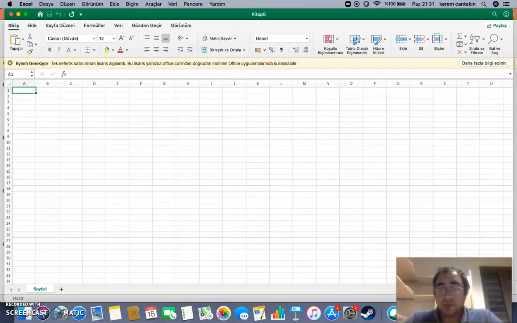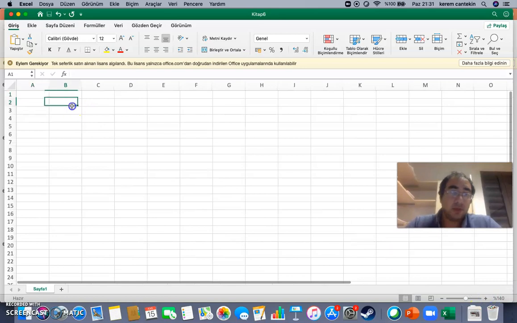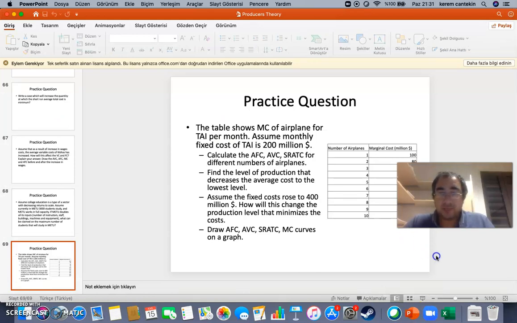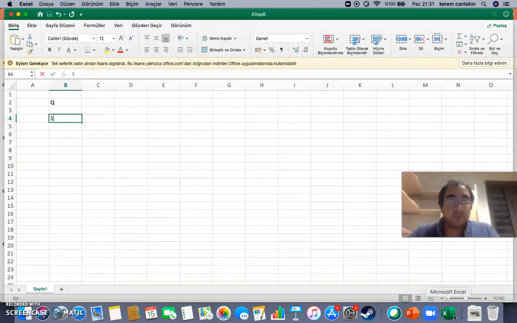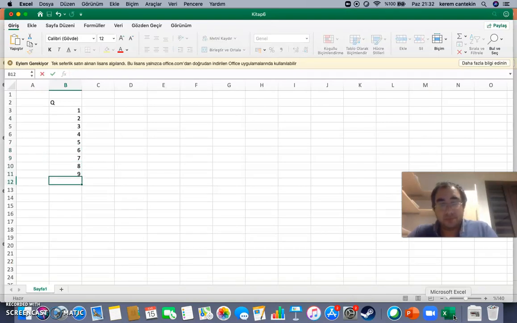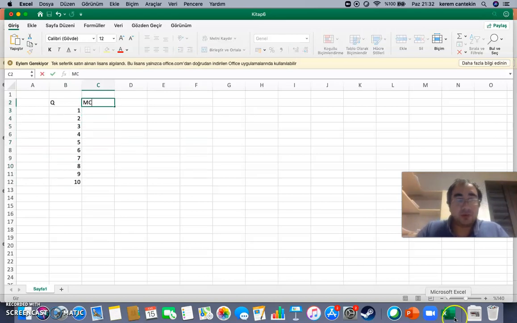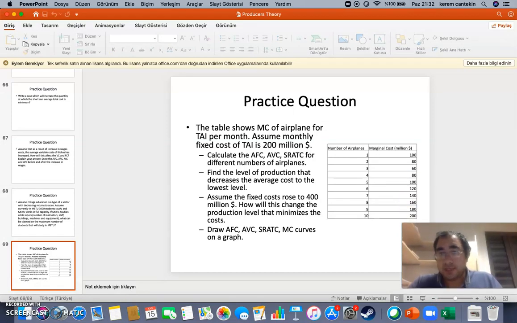Although probably I won't be able to finish it. So quantity, which is 1 to 10. And I think marginal cost is 180, 60.